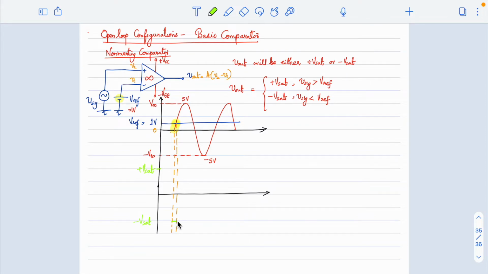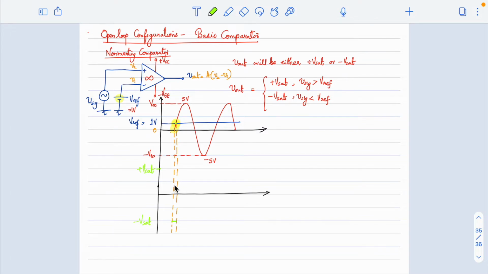Now what will happen? At this specific point, your Vref and input signal both are equal, and soon after that, input voltage is slightly getting positive. So this point can be considered as the point where the switching happens. Till that point it is negative, but when both are equal, the difference is 0.